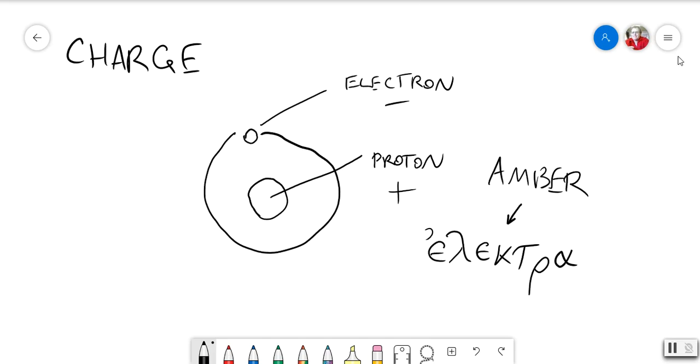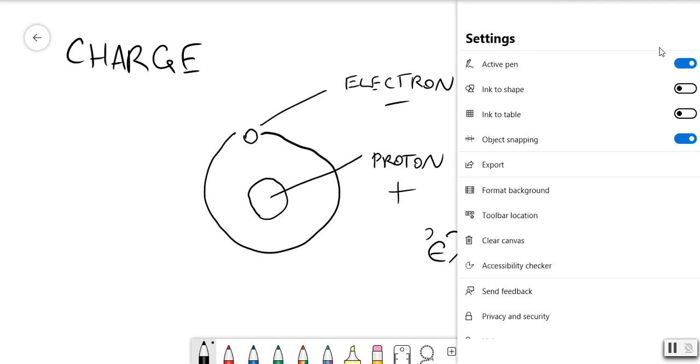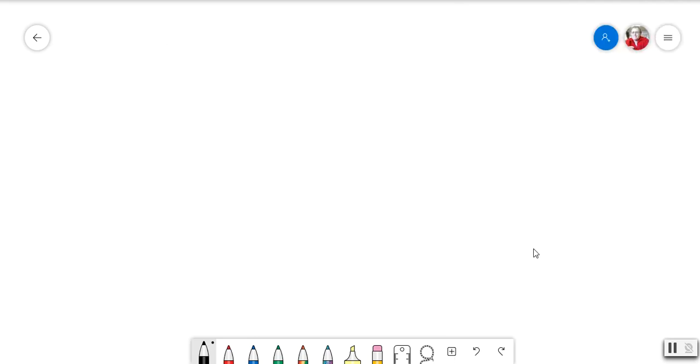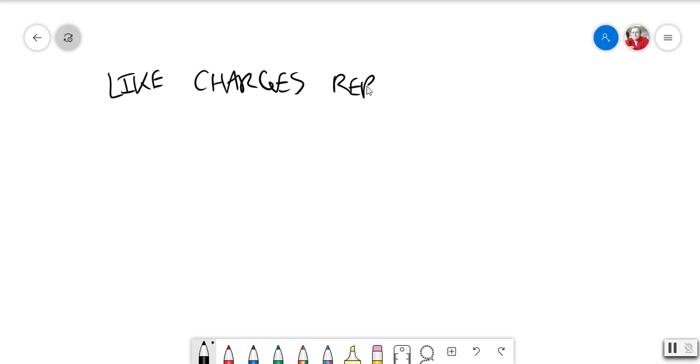So, clear the board. Charge is either negative or positive, and like charges repel, unlike charges attract.